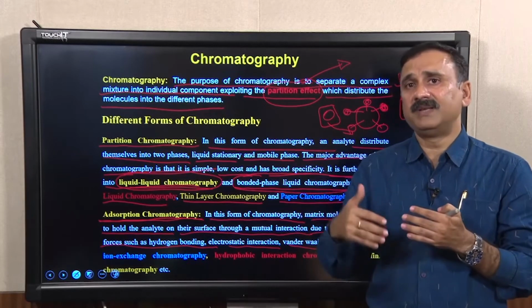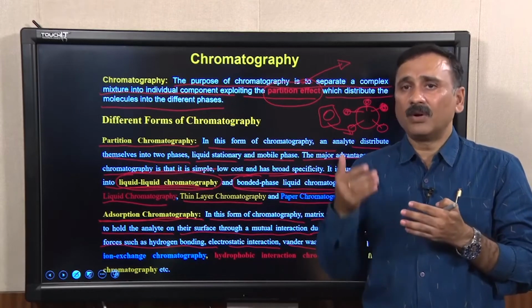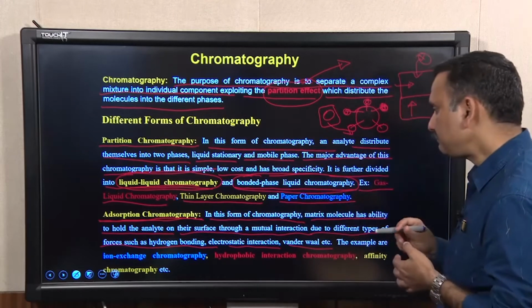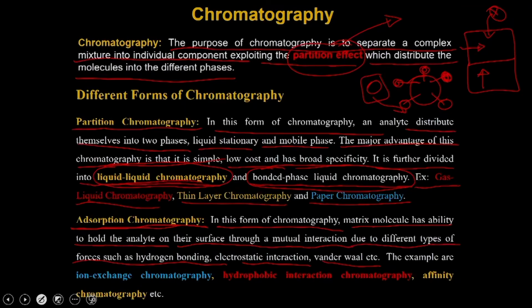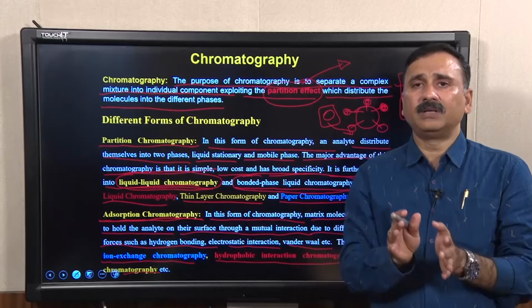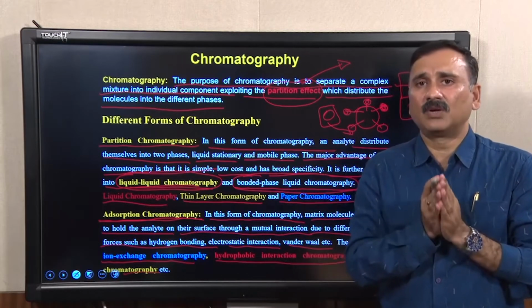So, it actually provides specificity, it becomes user friendly, and it is more convenient to perform compared to partition chromatography. The classical examples of adsorption chromatography are ion exchange chromatography, hydrophobic interaction chromatography, and affinity chromatography.